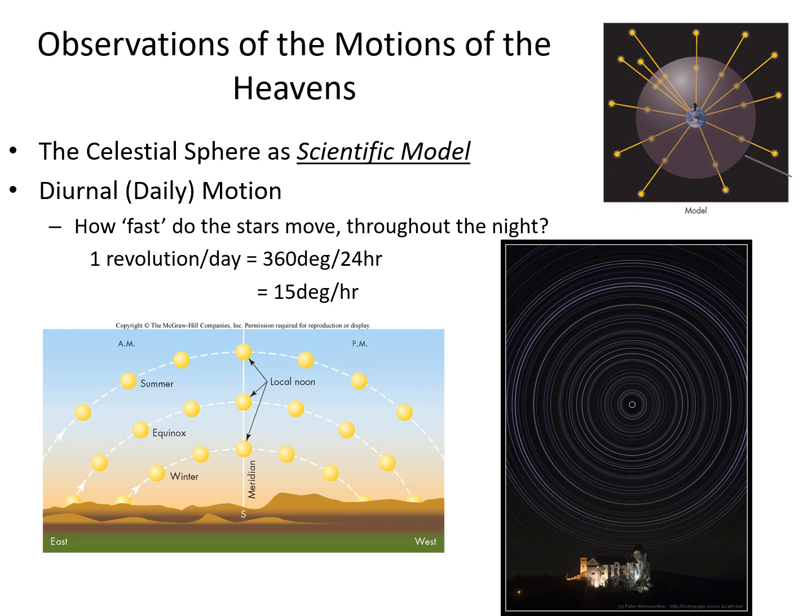Now, one thing we can see from this is the daily motion of everything in the sky. We can consider that the celestial sphere revolves once per day, and all of the objects attached to the celestial sphere therefore move through the sky once per day. In particular, we can talk about how fast the stars move throughout the night.